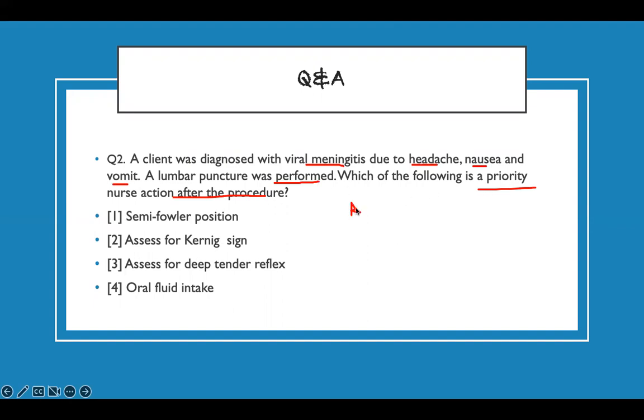So our ask is looking for a priority function. Our case is somebody who has meningitis and had a lumbar puncture. And what are our buzzwords? The same thing, meningitis and lumbar puncture. Then rewrite: somebody who had meningitis, I did a lumbar puncture, what is my priority function?